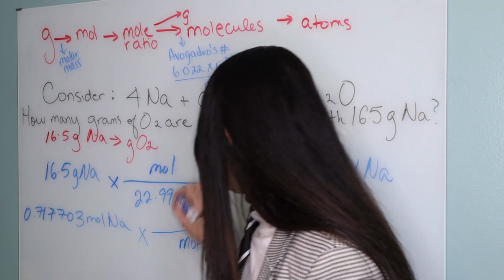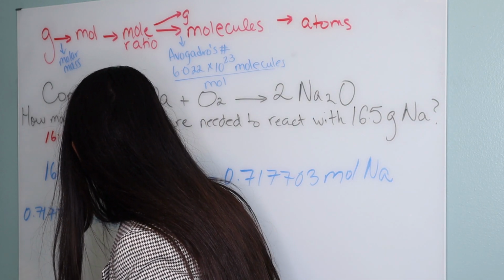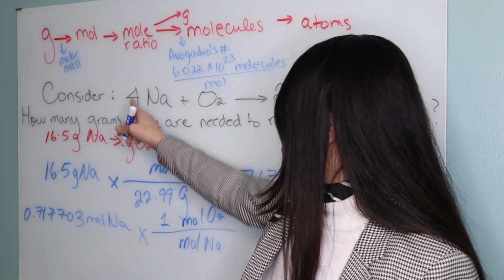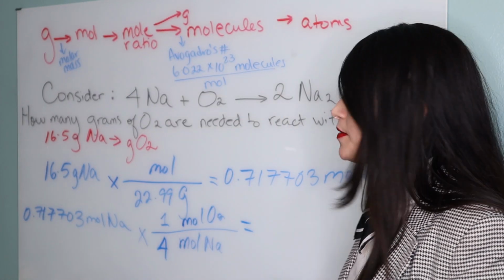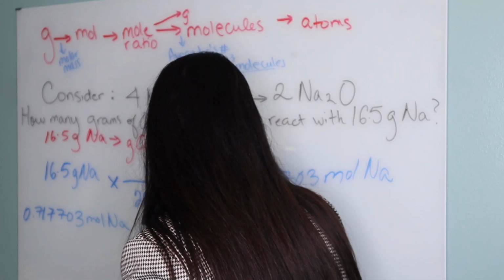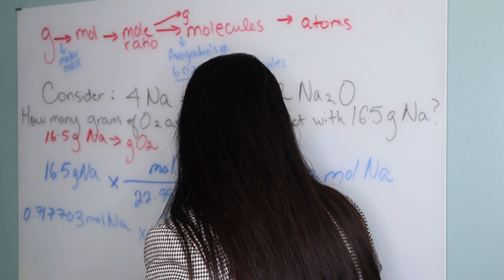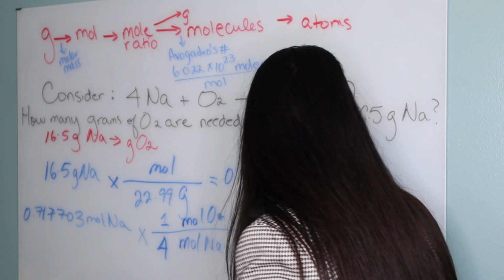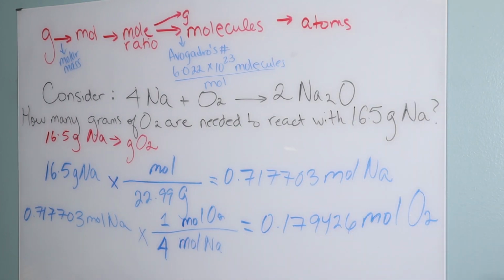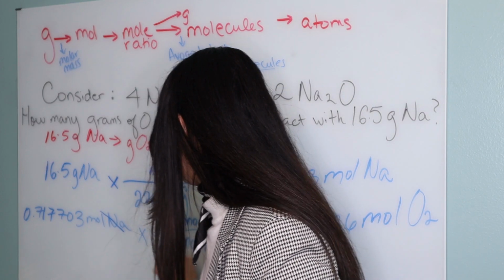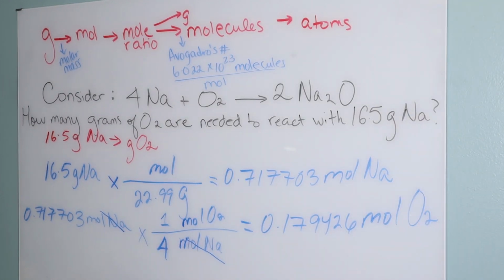So we have dioxygen with 1 and sodium with 4. You're going to plug this into your calculator and your answer is going to be 0.179426 moles of dioxygen because the moles of sodium have crossed out.